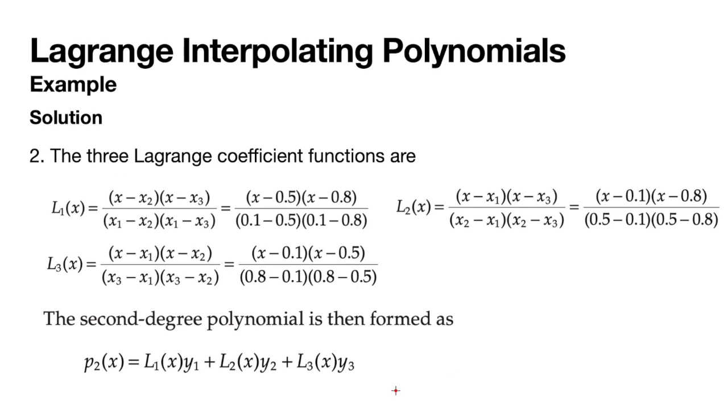Similarly, for the next point, we use the 3 Lagrange coefficient functions. These are the Lagrange coefficients, and you can remember them, or you can derive them using the general form we discussed and put the values here. All the points x1, x2, x3 are given to us, and we can find these Lagrange polynomials and put them in the second degree polynomial equation.